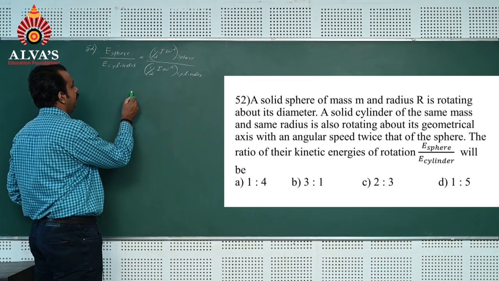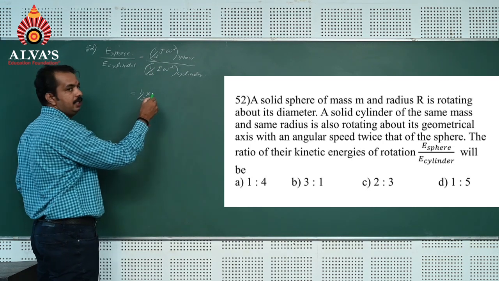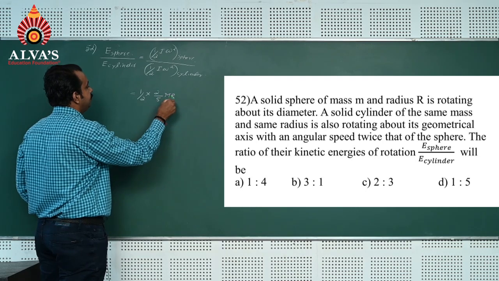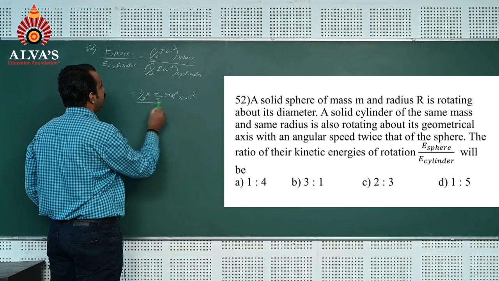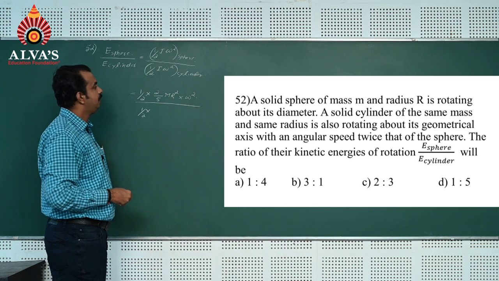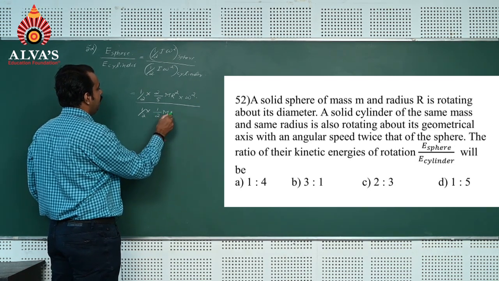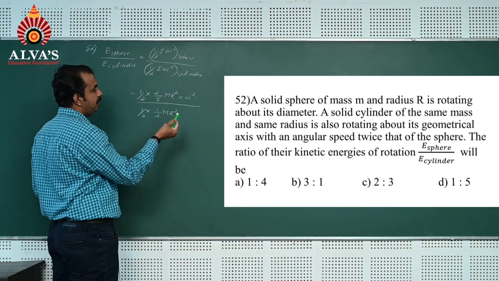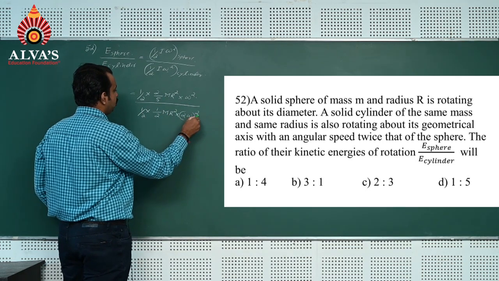Now half into moment of inertia of the sphere about the diameter, which is 2 by 5 mr square, into omega square, divided by half into moment of inertia of the solid cylinder, which is 1 by 2 mr square, into omega, where the cylinder rotates at twice the velocity of the solid sphere, so it is 2 omega whole square.